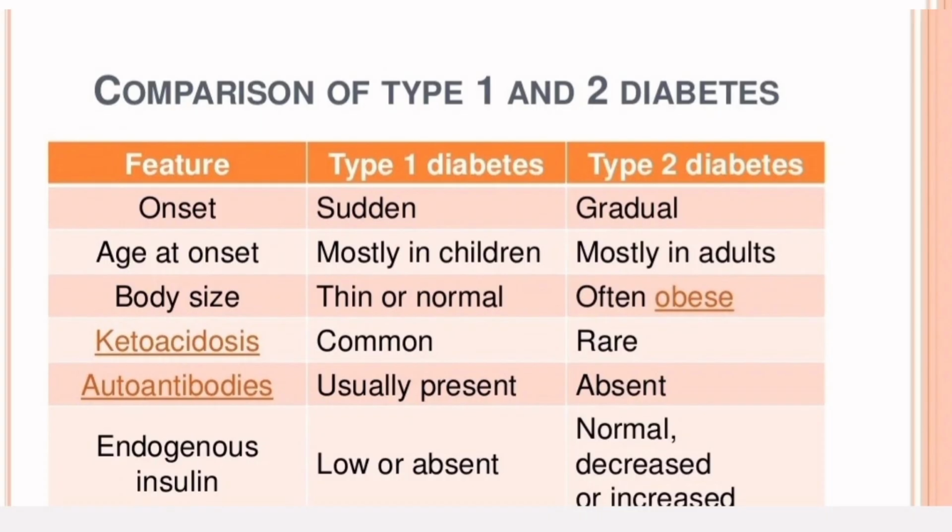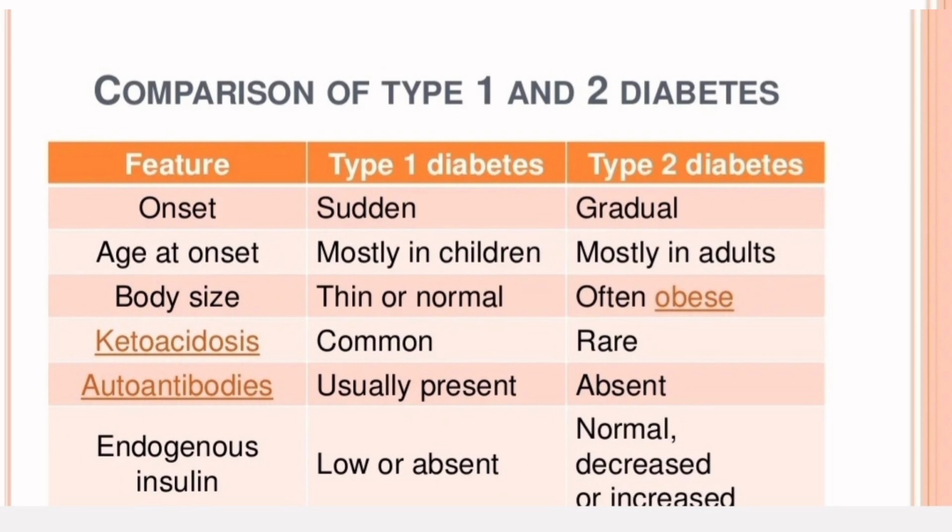Here is the comparison of type 1 and type 2 diabetes. Onset of action: type 1 is sudden and type 2 is gradual. Age at onset: type 1 diabetes mostly occurs in children and type 2 in adults.